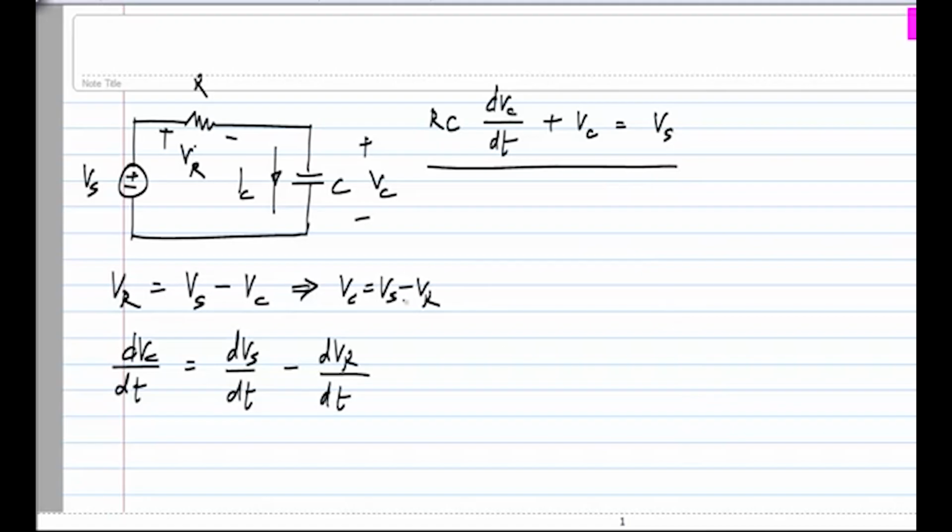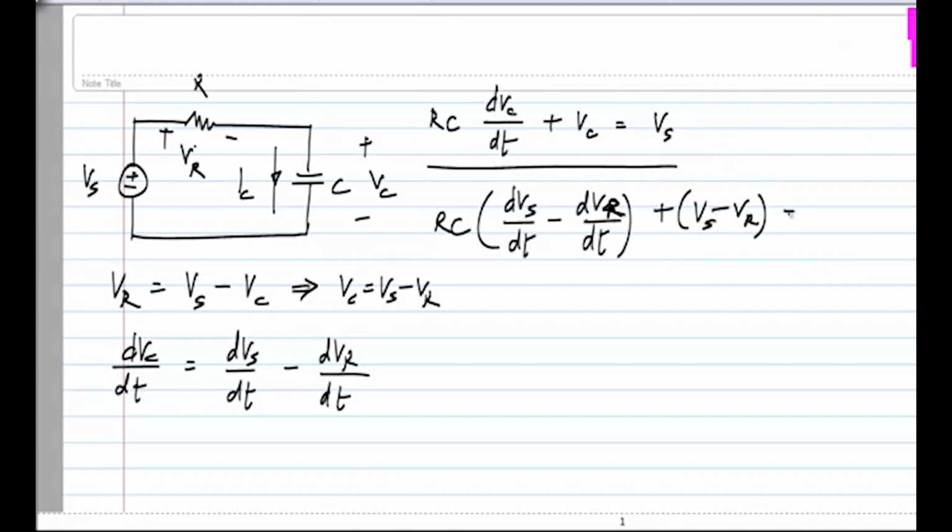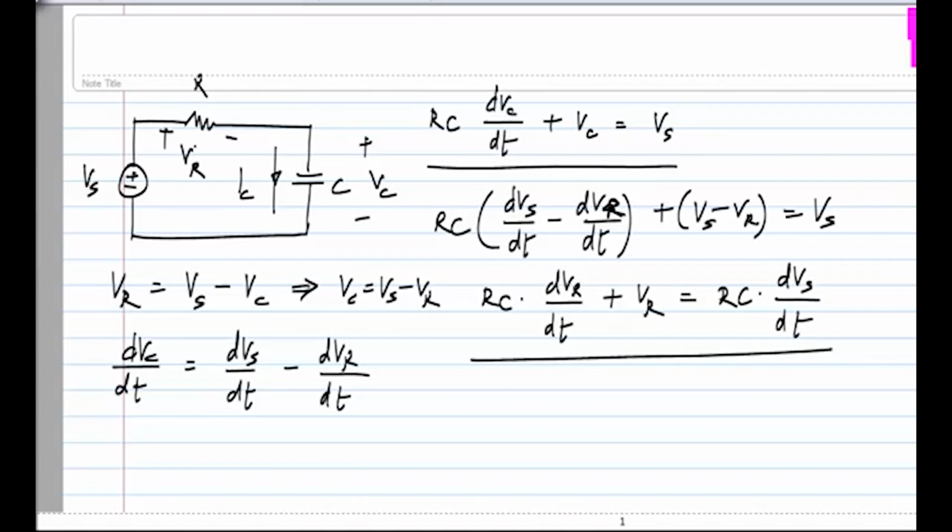Okay, and substituting these two relationships into that one, we get the following: Rc times dVr by dt plus Vs minus Vr equals Vs. So if you rearrange the terms, you will see that it is Rc times dVr by dt plus Vr equals Rc times the time derivative of Vs. Okay, and if we do know that Vs is a constant, we will get Rc times dVr by dt plus Vr equals 0.